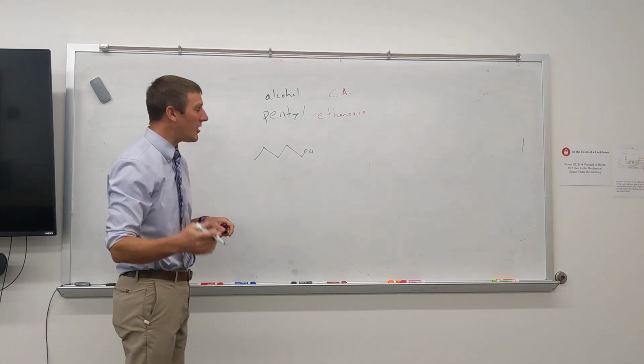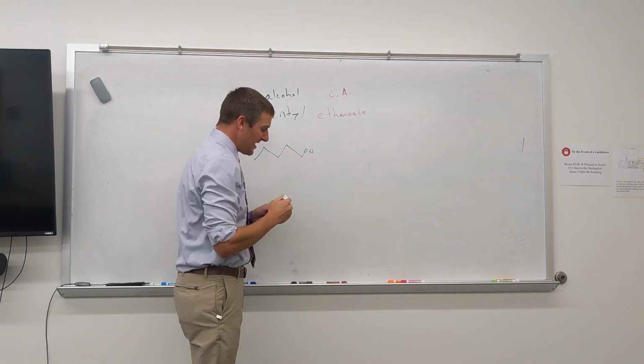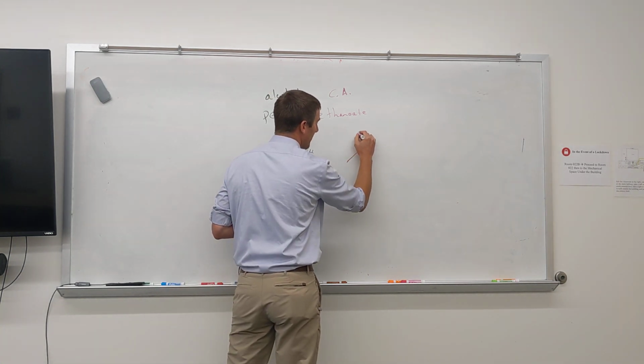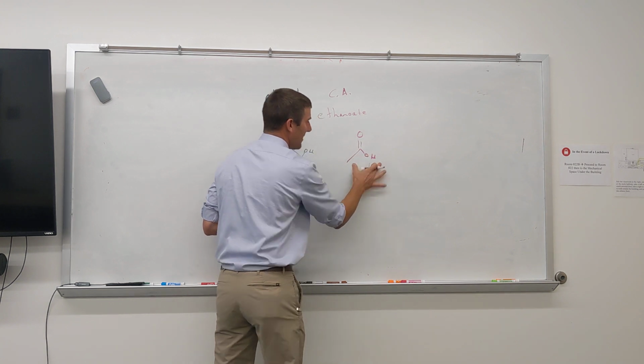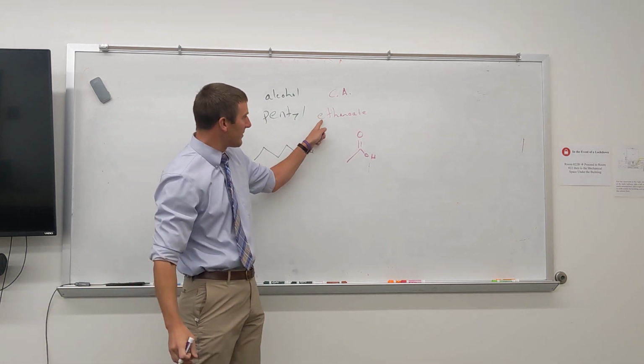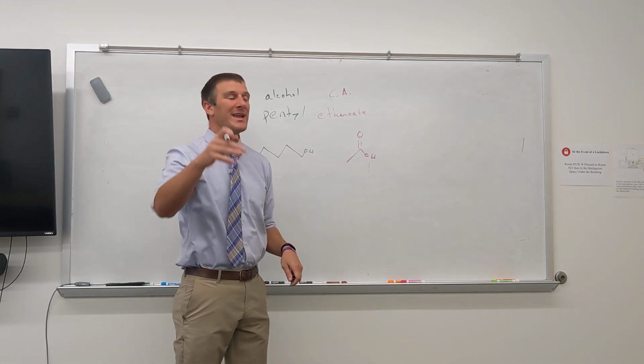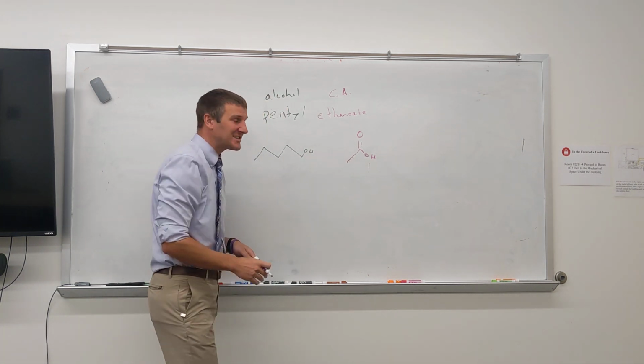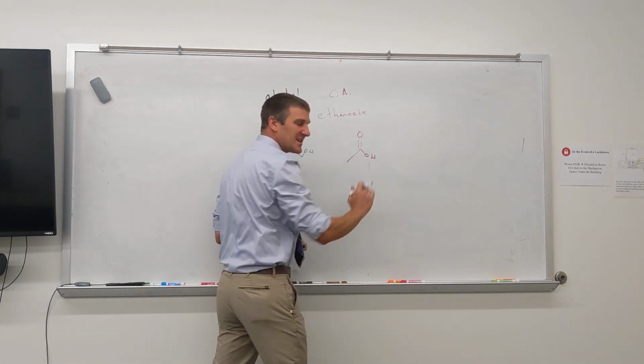That is pentanol. The ethanoate is going to come from ethanoic acid. There's my carboxylic acid with 2 carbons, ethanoic acid. So pentanol plus ethanoic acid is going to produce this ester.